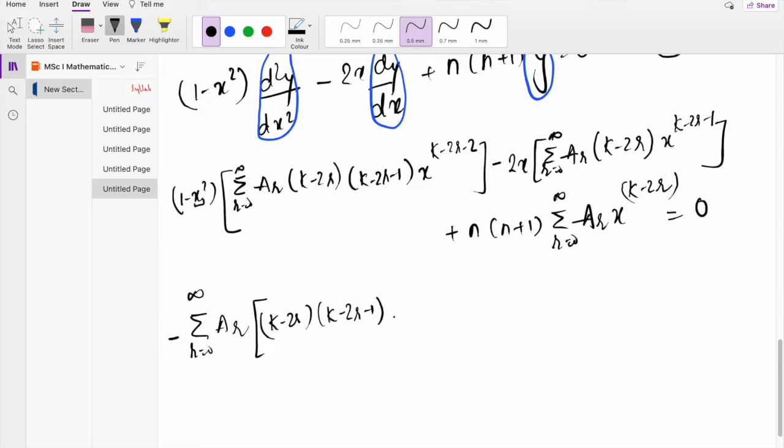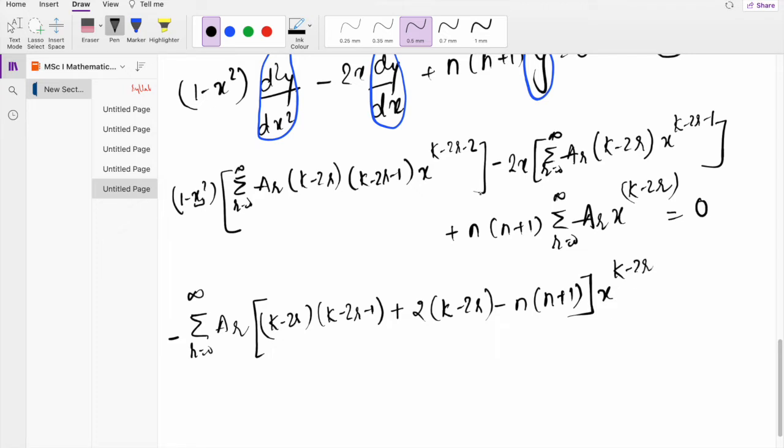So this will give me a plus sign of 2 multiplied by the factor k minus 2r, right? And the last term, I can see the maximum power x to the power k minus 2r gives me n plus 1. As I took the negative sign common, this will give me negative of n plus 1 multiplied by x to the power k minus 2r.